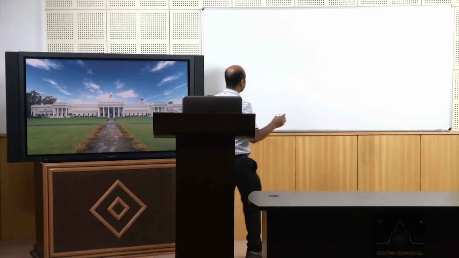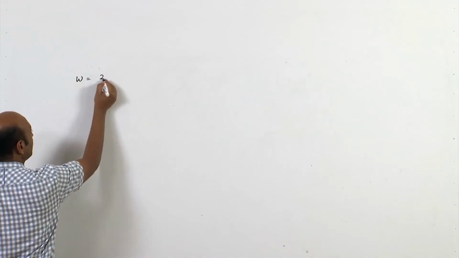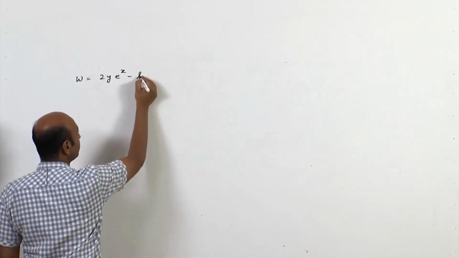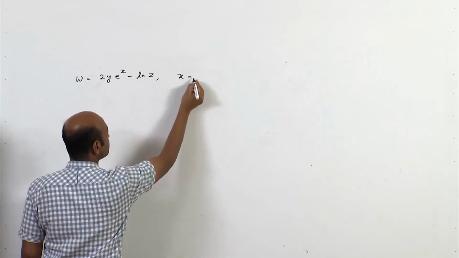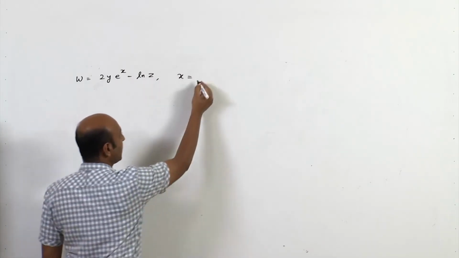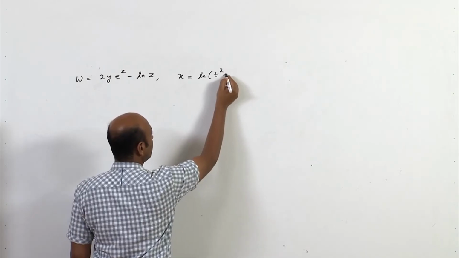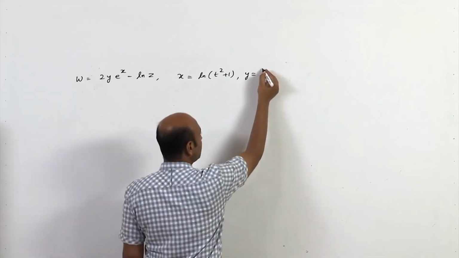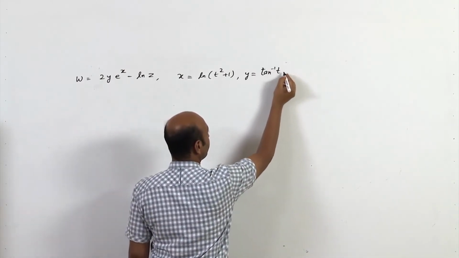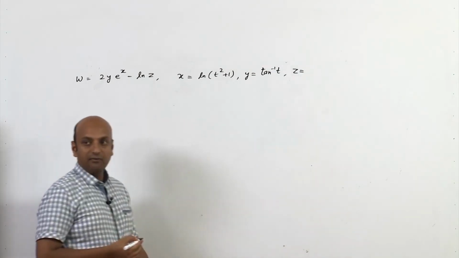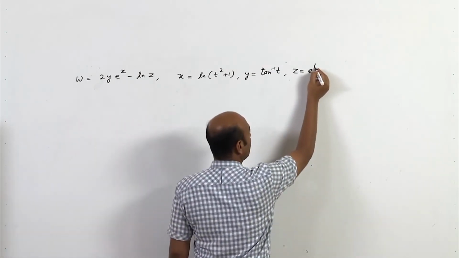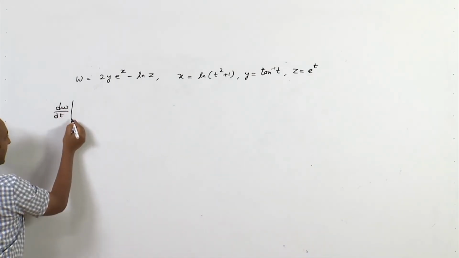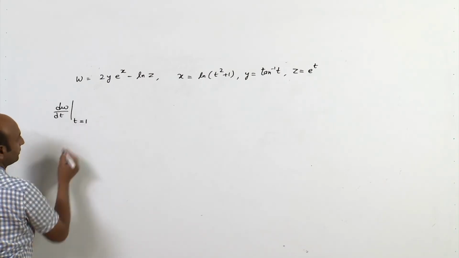Now, let us suppose w is 2y into e raised to power x minus ln z, where x is a function of t, that is ln of t square plus 1, and y is also a function of t, which is tan inverse t, and z is again a function of t, it is e raised to power t, and we want to compute dw by dt at t equal to 1.